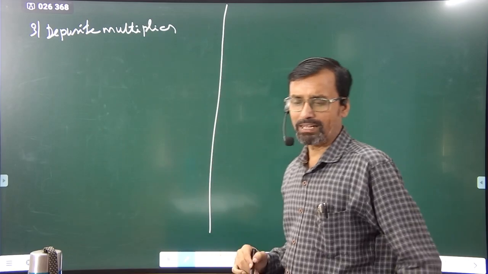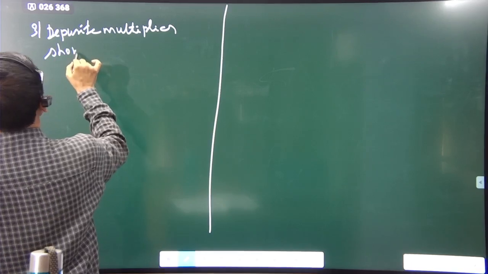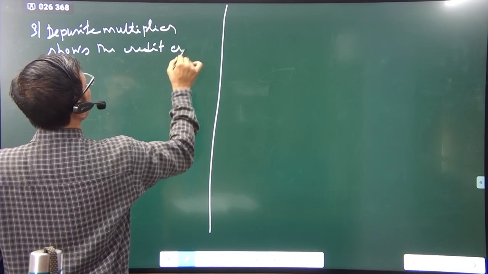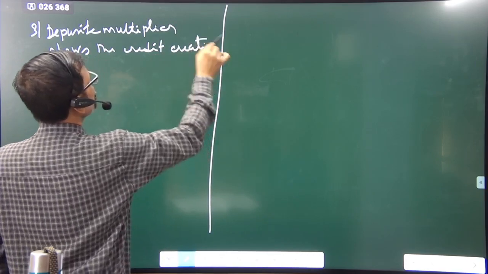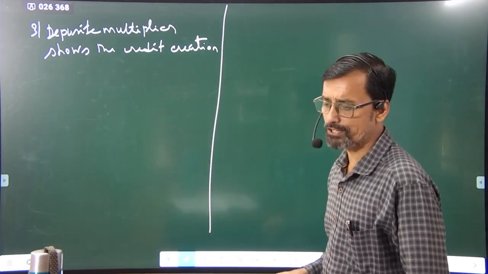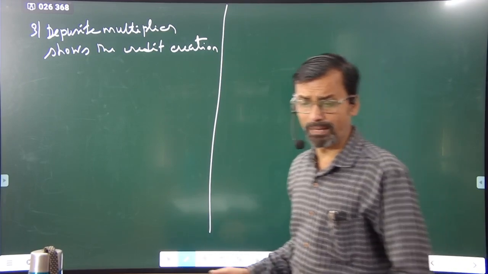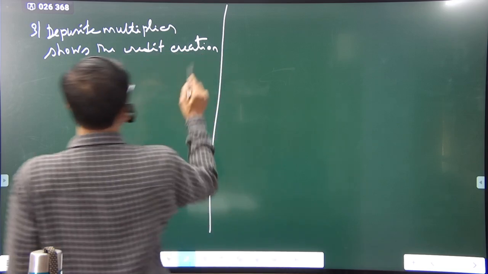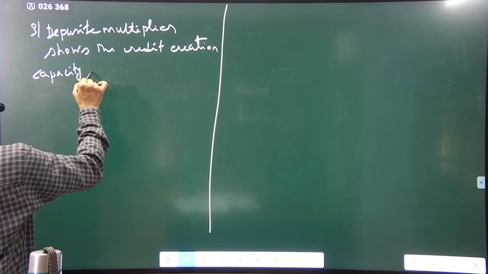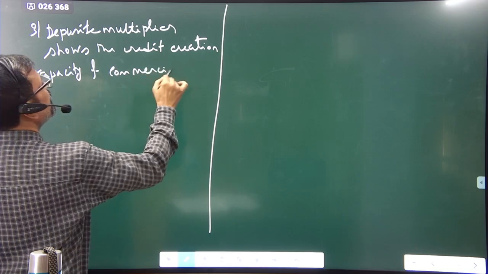This deposit multiplier shows the credit creation of commercial banks, or the credit creation capacity of commercial banks.